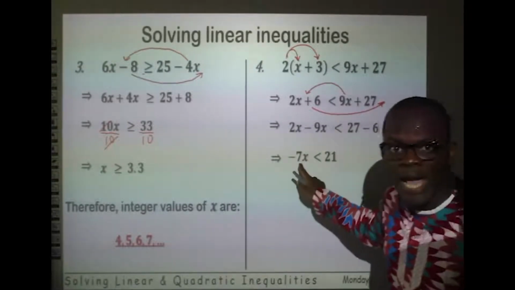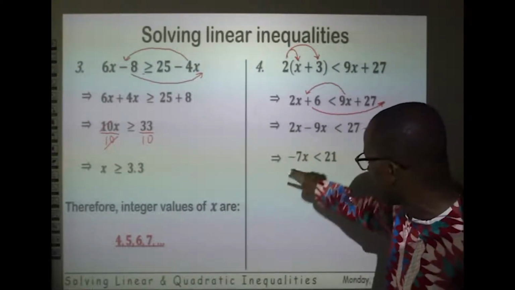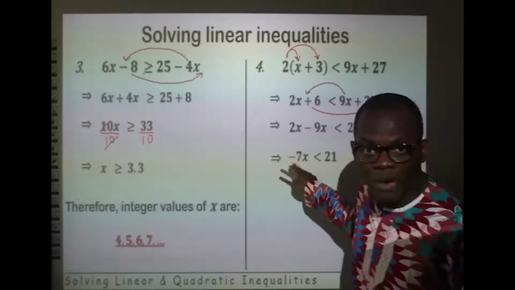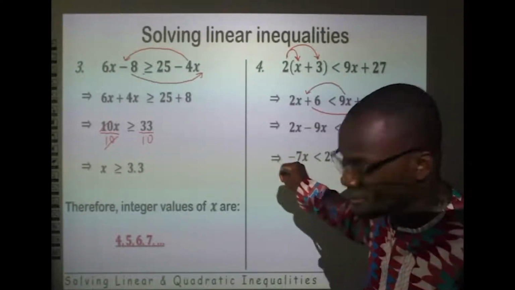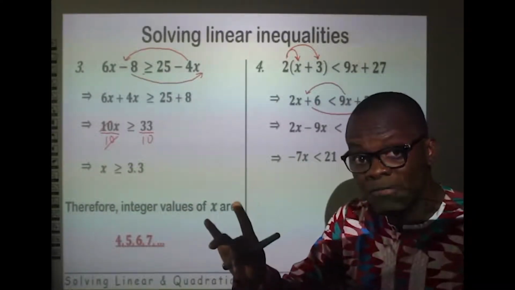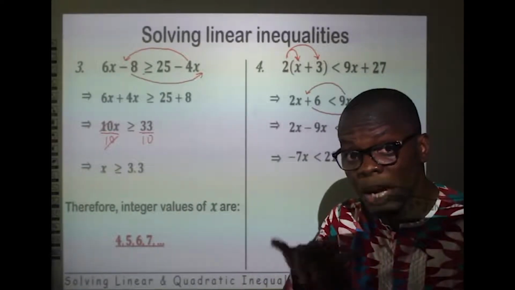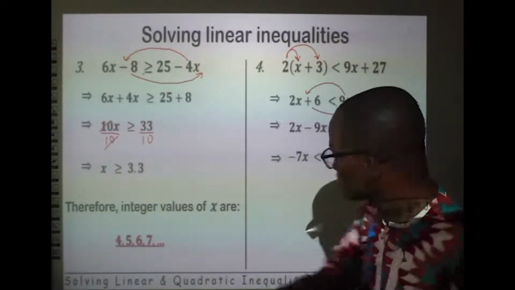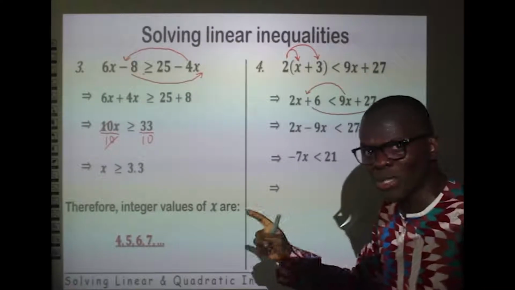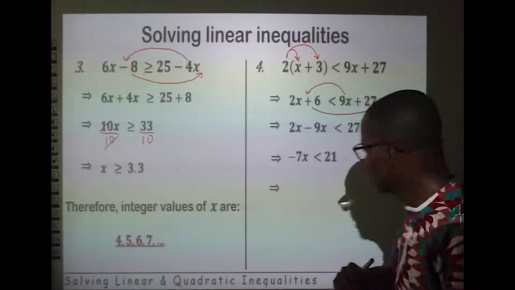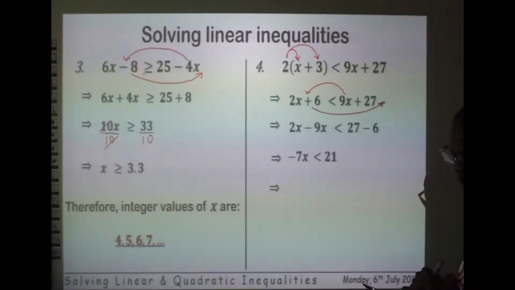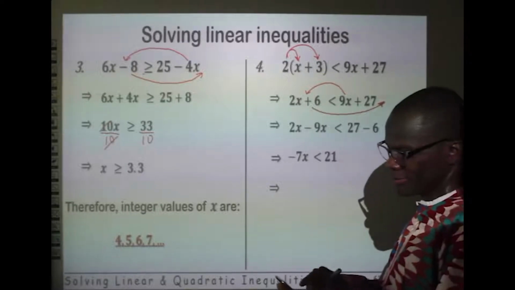Aha! So now, to get x, what do you do? You divide both sides by the coefficient of x. And the coefficient of x here is minus 7. Aha! Negative number. When you have a negative number, don't forget, what do you do? Do not forget, very important.